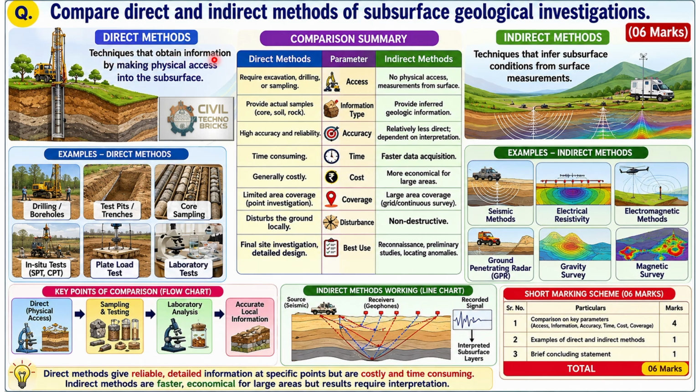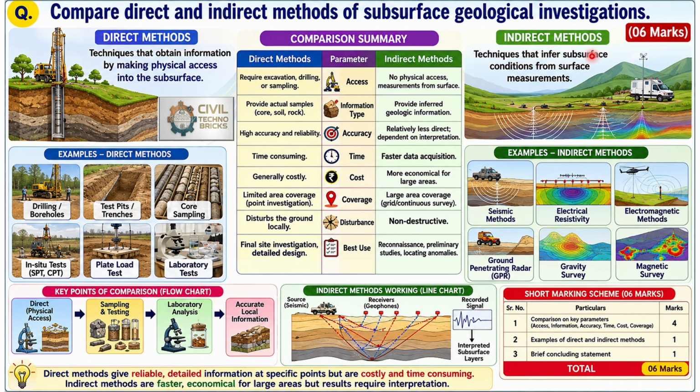The techniques that obtain information by making physical access into the subsurface are the direct methods of subsurface investigation, which include drilling boreholes, test pits or trenches, core sampling, in situ tests, plate load test and laboratory tests. These are all direct methods where we use machines and do the activity on the earth surface.